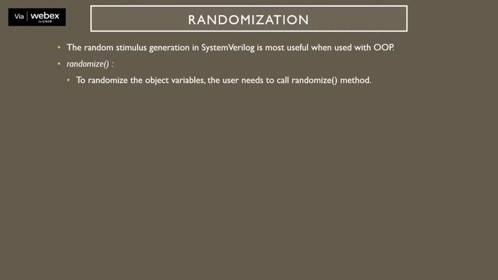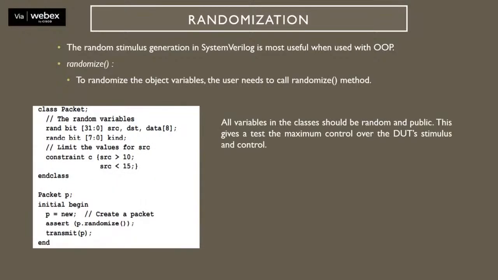Now, randomization is more effective in SystemVerilog because it uses the concept of object-oriented programming. The random stimulus generated is more useful when clubbed with object-oriented programming. The keyword required here is randomize. Here we will see one example of how we do it.